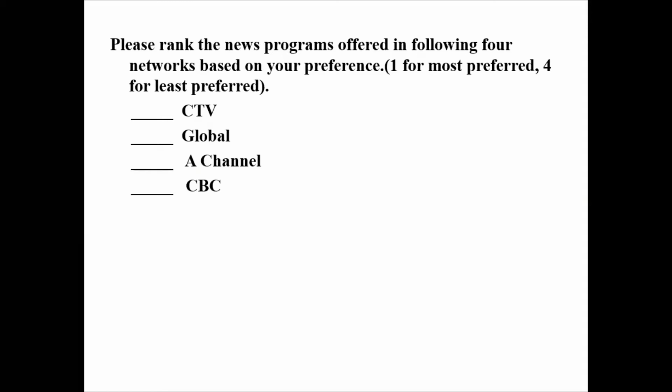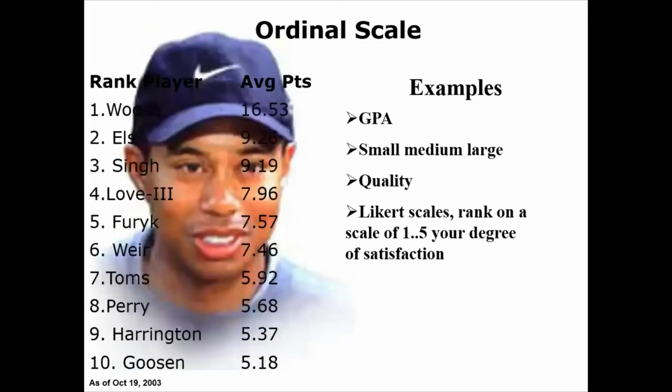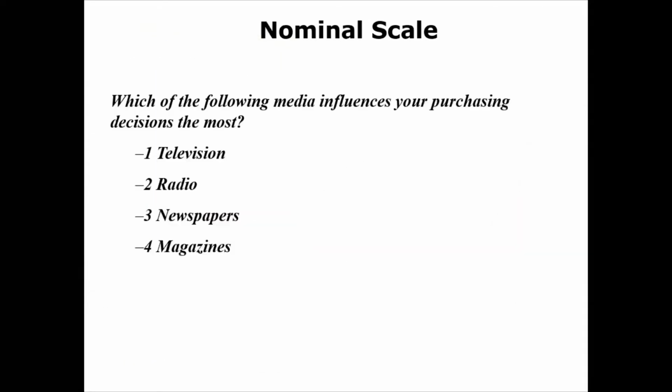If the first respondent assigned first rank to CBC, second rank to Global, and third rank to CTV, that means he has given most preference to CBC and least to the last channel, like that. So there is an order in giving preference. So these are ordinal scale.